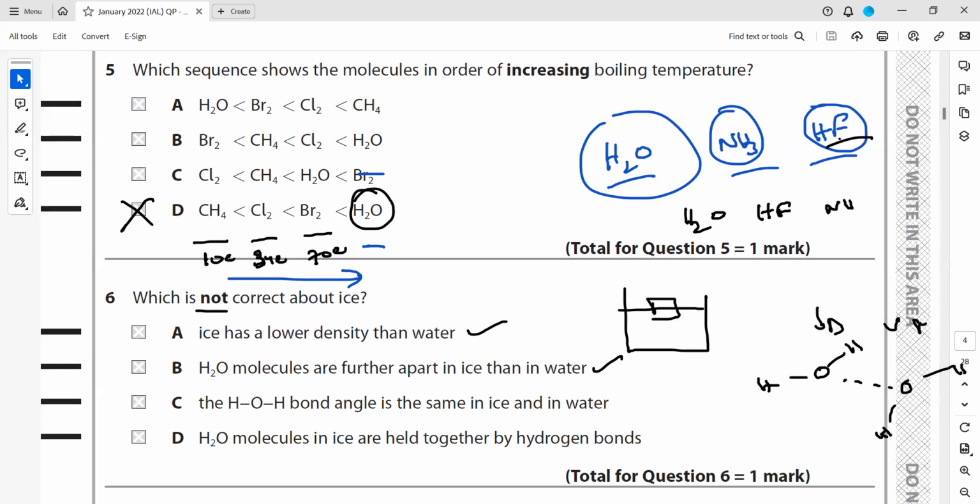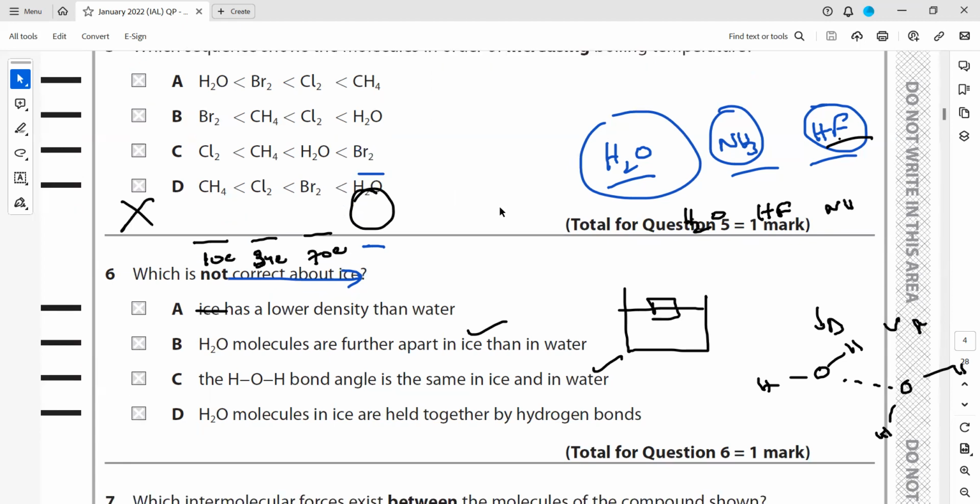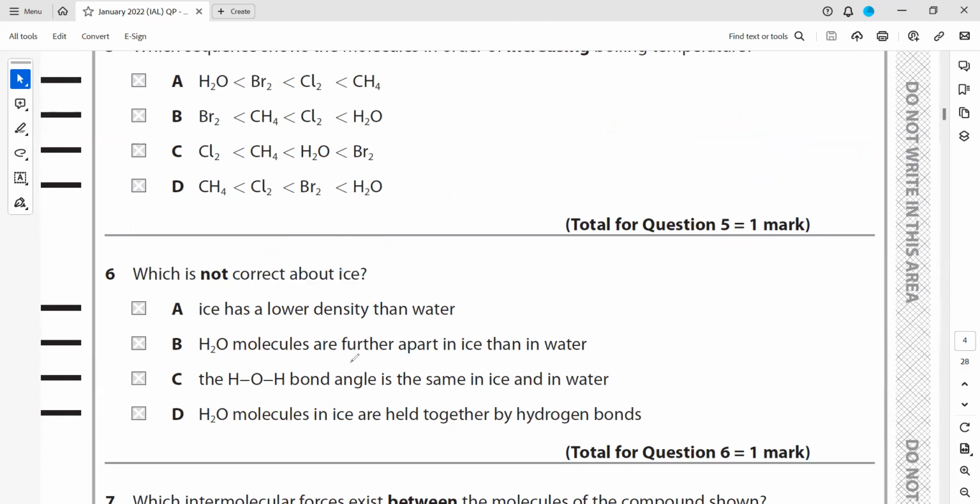Because if the bond angle was the same, then they should have the same density when they arrange themselves, like the density of the ice and the density of water should be the same. But because the bond angles are different, this statement is not correct.